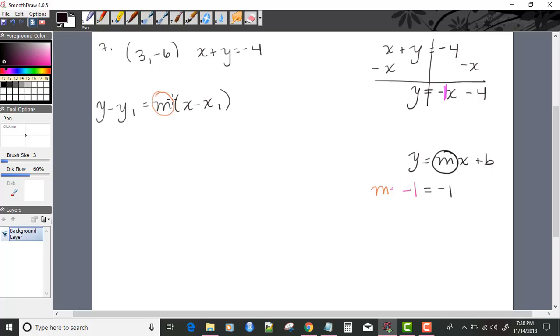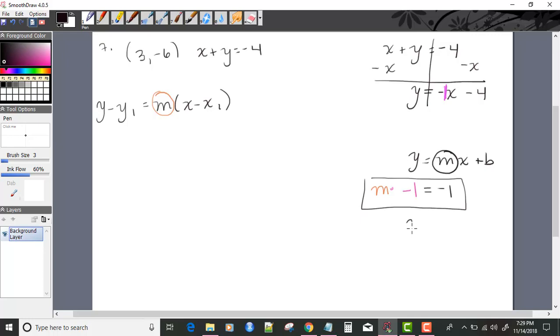So the slope of the equation I'm trying to find, times the slope of the other line, those two slopes multiplied together should equal -1. So I have -1 on my first equation. I'm trying to find out the slope of my second equation, and I've set that product up here.